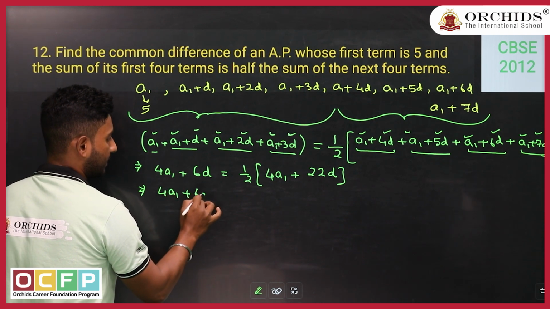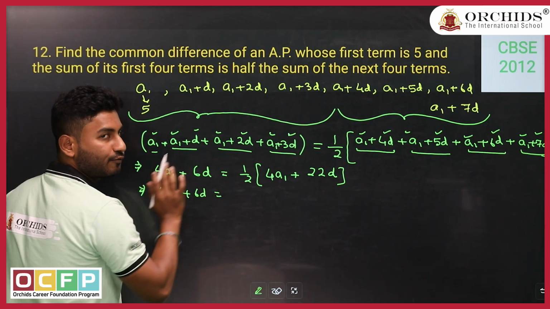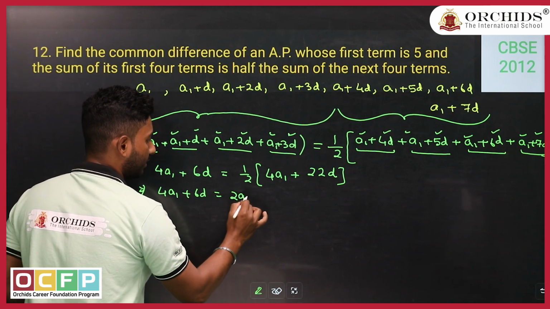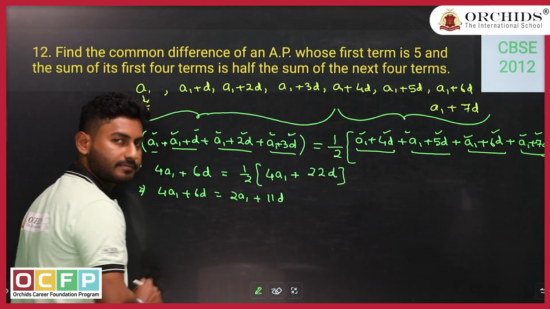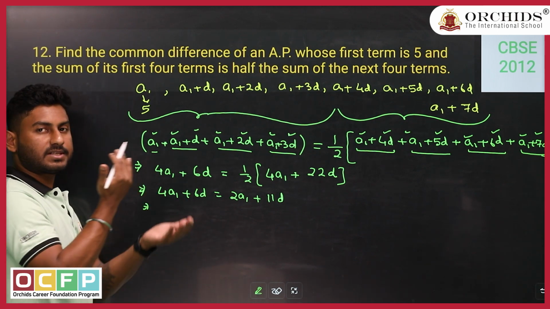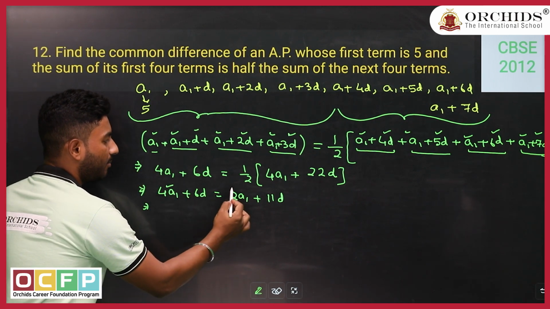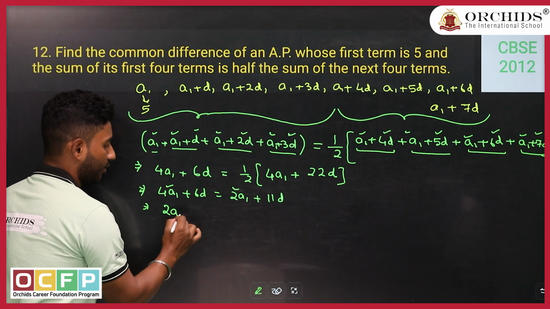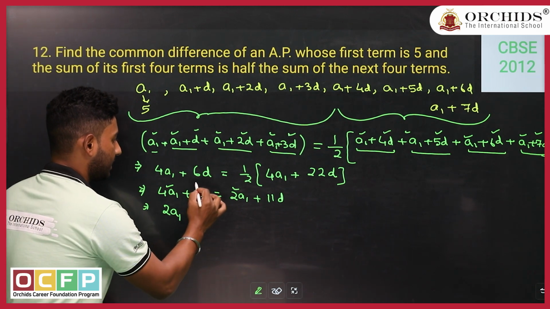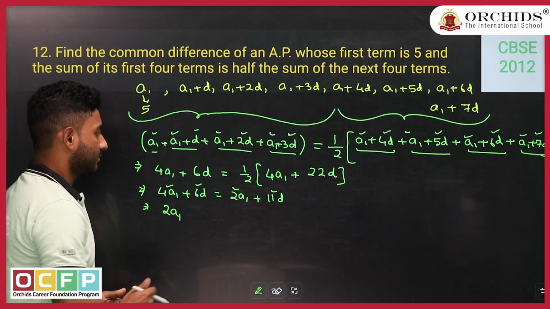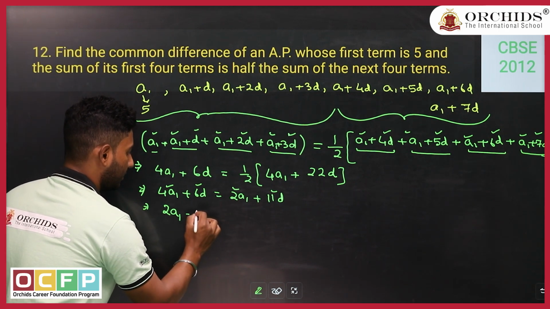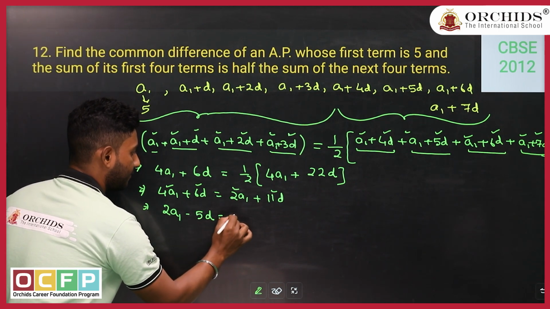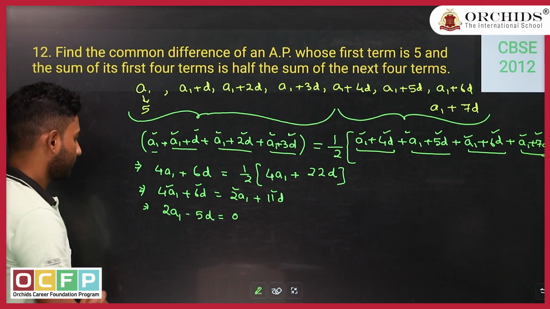So 4A1 plus 6D. Multiply half with 4A1, I am getting 2A1. Multiply half with 22D, I am getting 11D. Bring it to one side. 4A1 minus 2A1, it's 2A1. 6D minus 11D, minus 5D will be equal to 0.